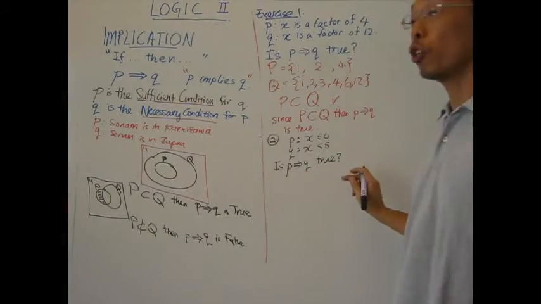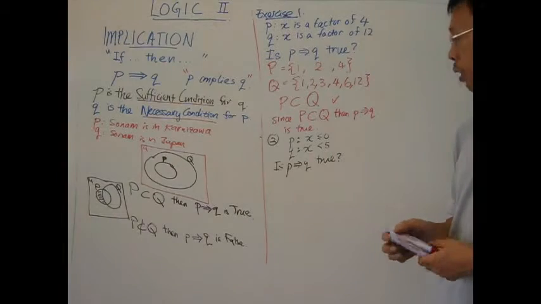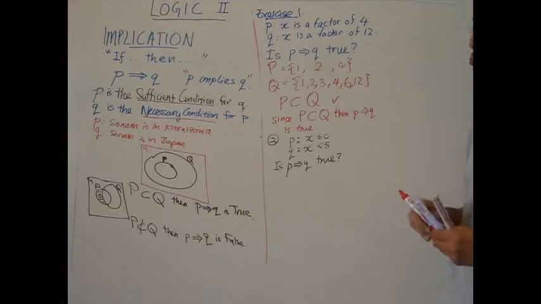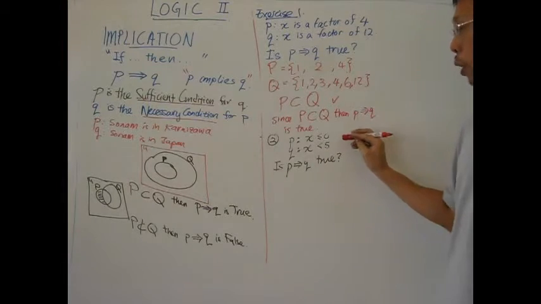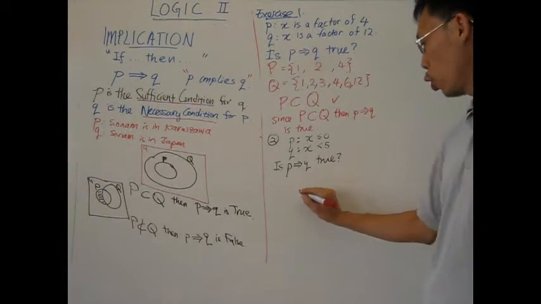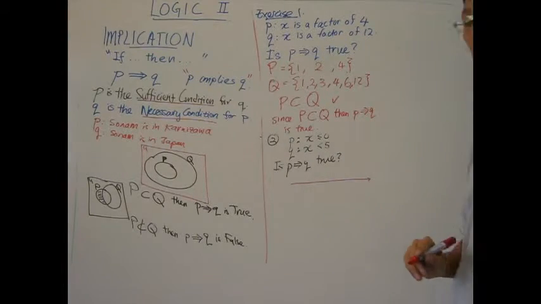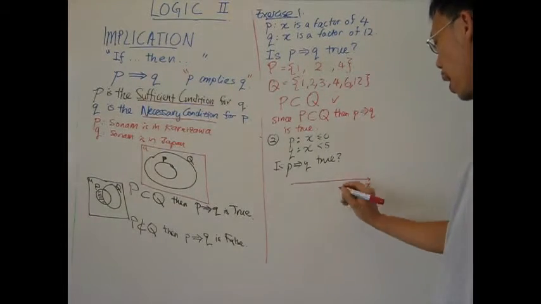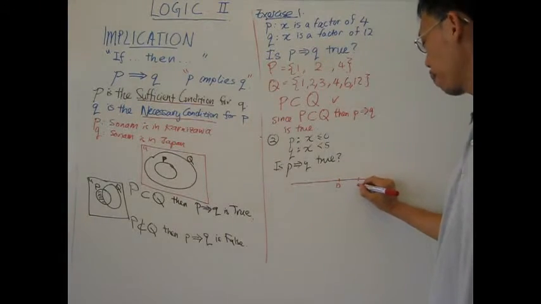As usual, you may want to pause the video and attempt it first before you check the answer. For this one, listing will be difficult because we're dealing with all real numbers. So I'm going to draw a real number line with x, and here is 0, let's say, and here is 5.